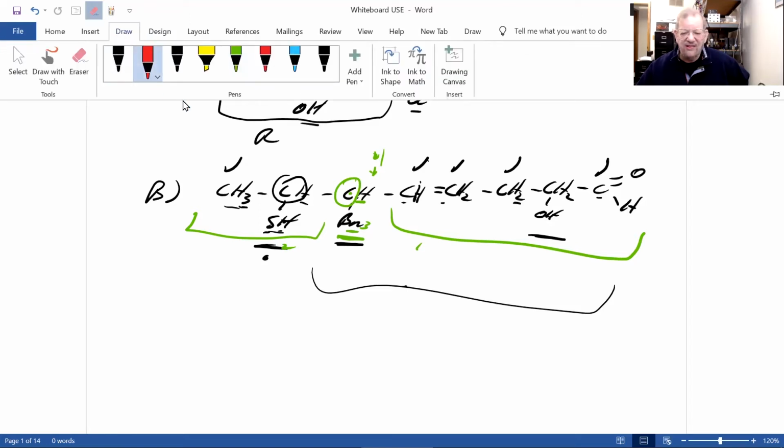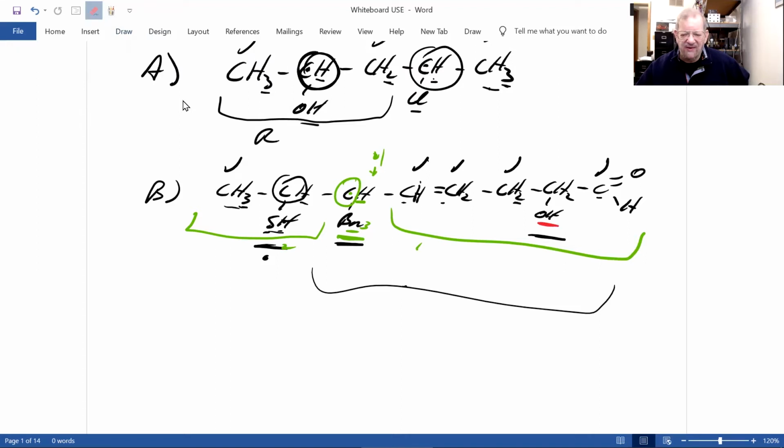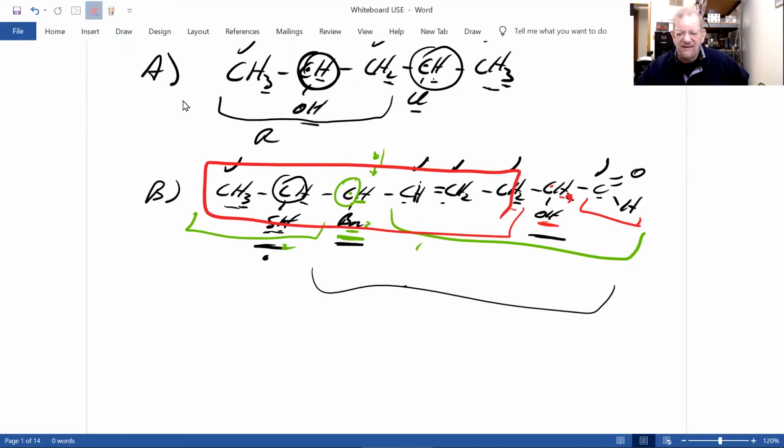And finally, let's look at this carbon right here, and that shouldn't be a 2. Sorry about that. And you have a hydroxyl group, hydrogen, this carbonyl with the hydrogen, and this whole thing right here. And those are different. 1, 2, hydroxyl group, 3, hydrogen, 4. Therefore, that would be chiral. And that's how you do it.